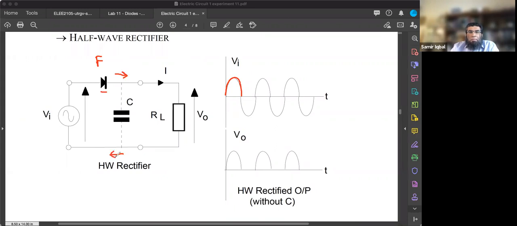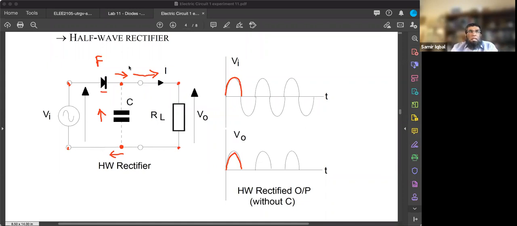In the meantime, this capacitor is in parallel, so the capacitor is getting charged up. It's accumulating charge while the current is flowing, because it's in parallel to this diode and the load. So at the output, we are getting the signal and we are charging the capacitor also.